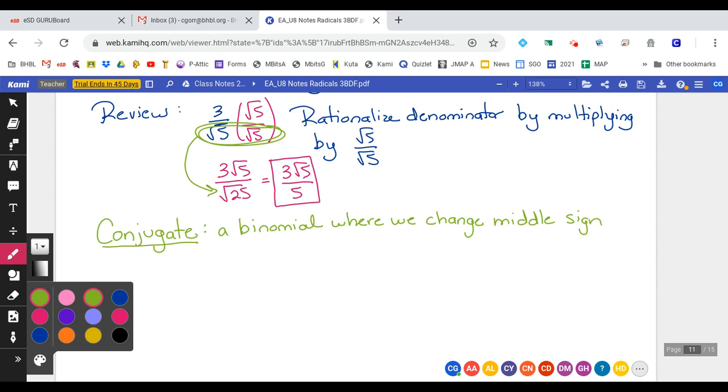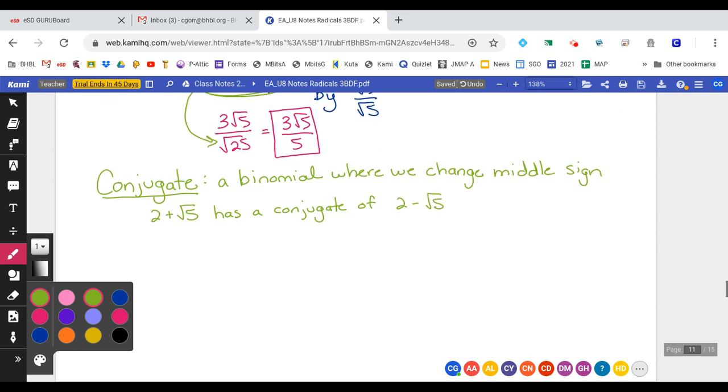So if I have something like 2 plus radical 5, it has a conjugate of 2 minus radical 5.